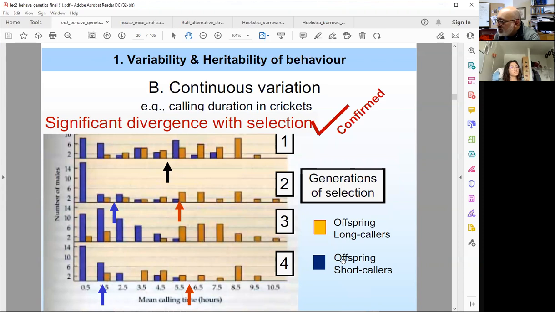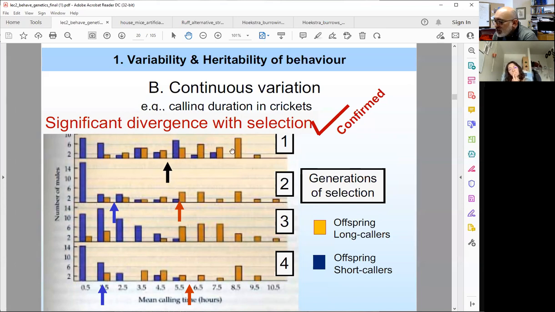So this is a series of generations of selection looking at calling duration in crickets. After 1, 2, 3, and 4 generations of this artificial selection, where you breed the long calling crickets separately from the short calling crickets, you can see here the arrows indicate the average calling duration for each of the two groups.